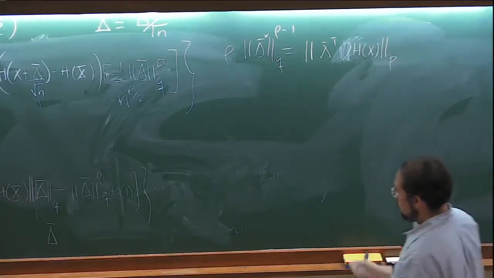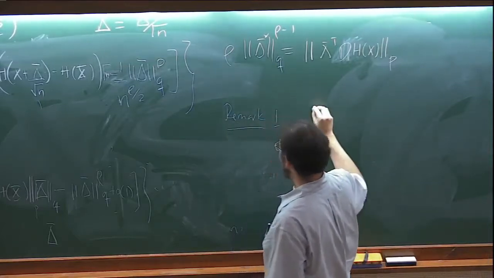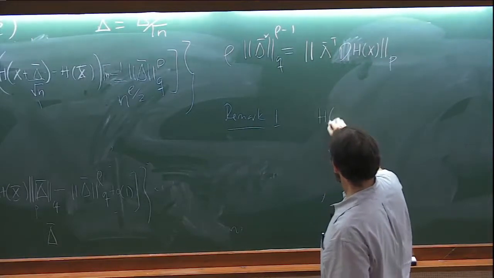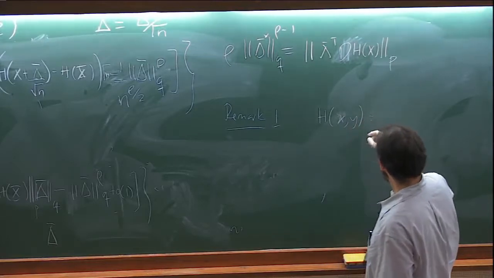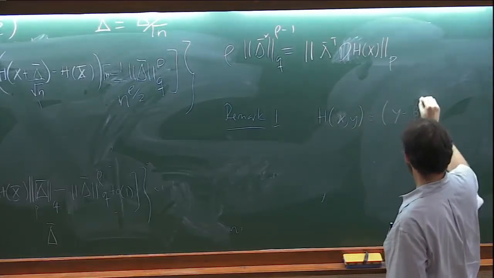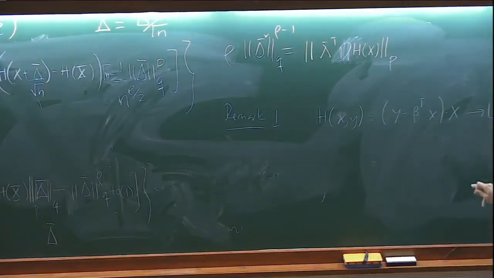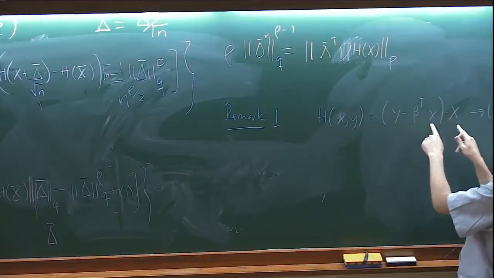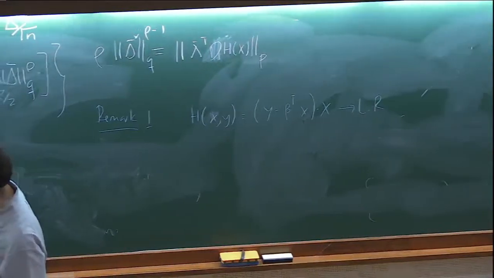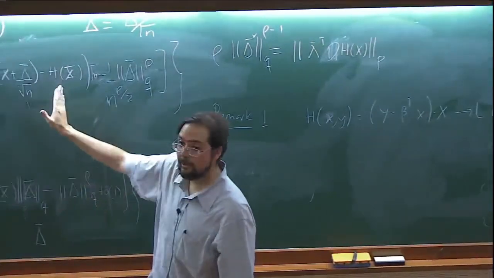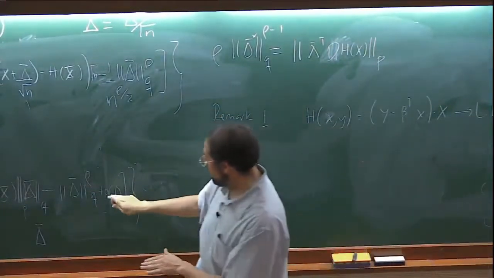Okay, so here's some remarks. Remark. If your loss function, if this h of x was now h of x and y, right, it was y minus beta transpose x times x. So this is the linear regression case. In the linear regression case, this quantity as a function of x is quadratic. So this step here, when I linearize and apply this Taylor expansion, that will be exact. So in that case there is no big O or whatever.